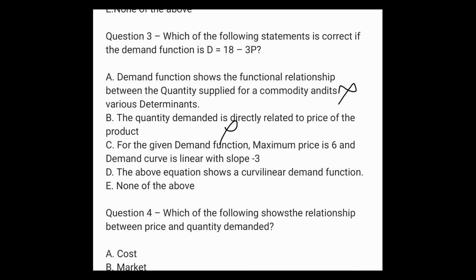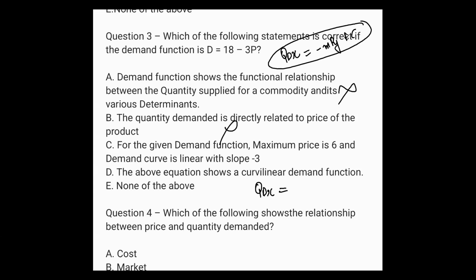With slope -3. So I have told you the equation, that is QDX equal to minus MPY plus C. This is the equation I told you. So here you can find it out when you take this QDX as a function and you take this slope.